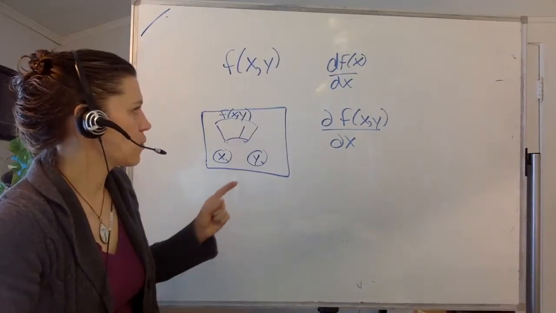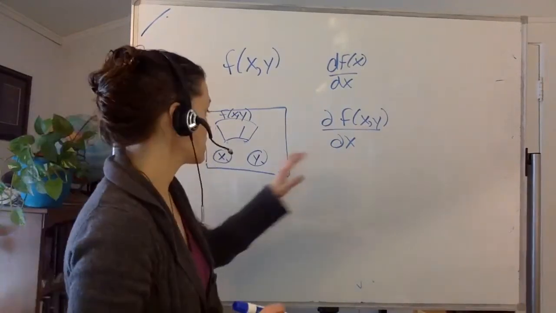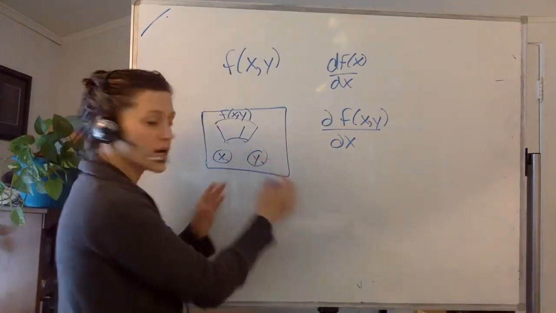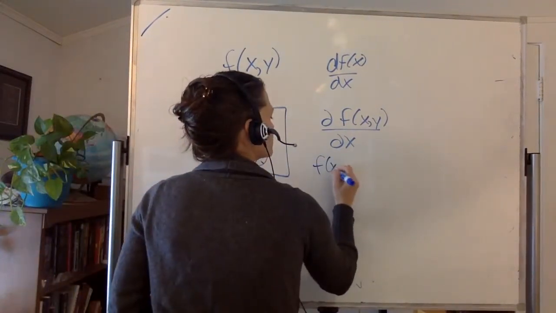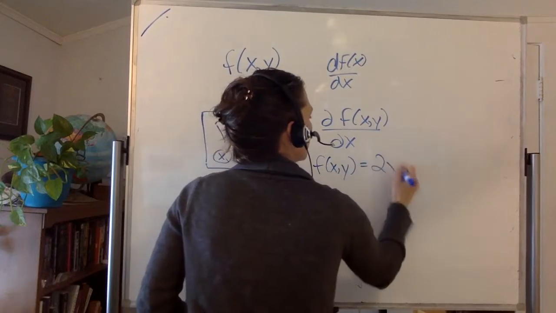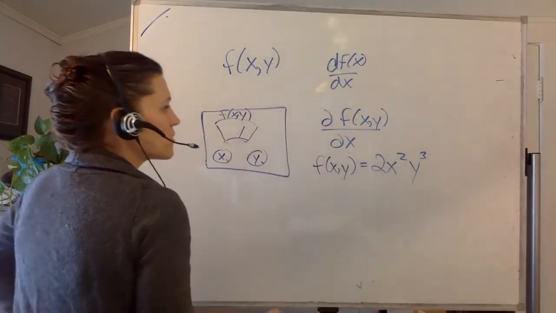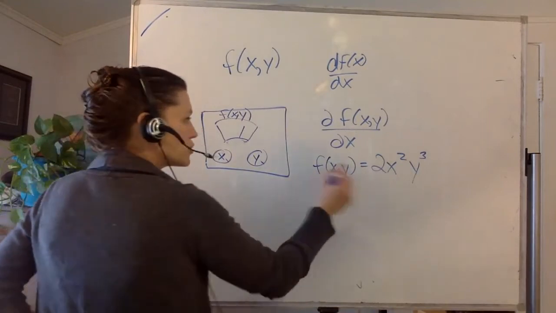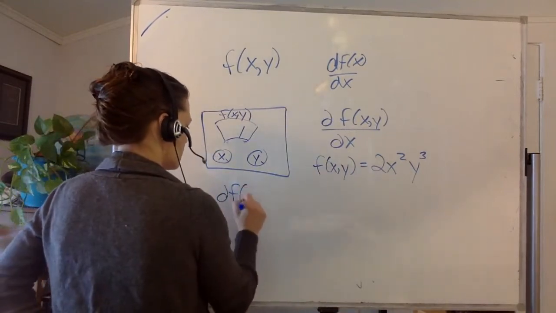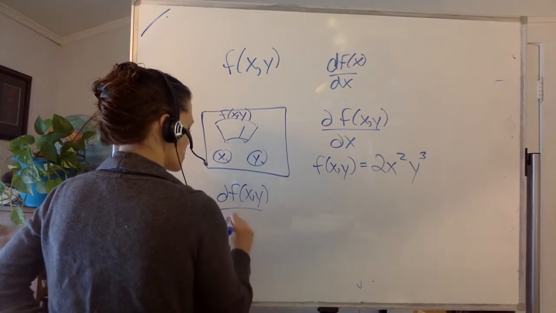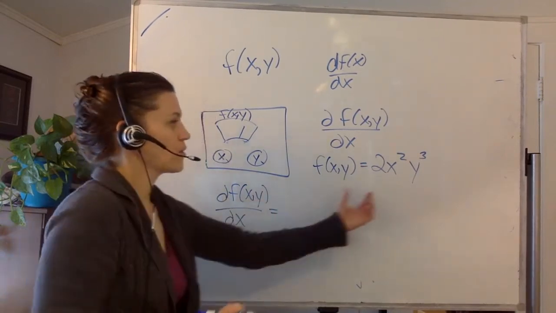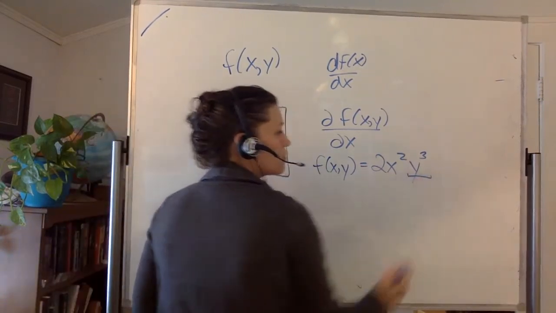And so the way that we would do this is, just like this picture, we treat y as constant. So if f of x, y equals 2x squared y cubed, say, then the partial derivative with respect to x, we're now going to treat y cubed like a constant.